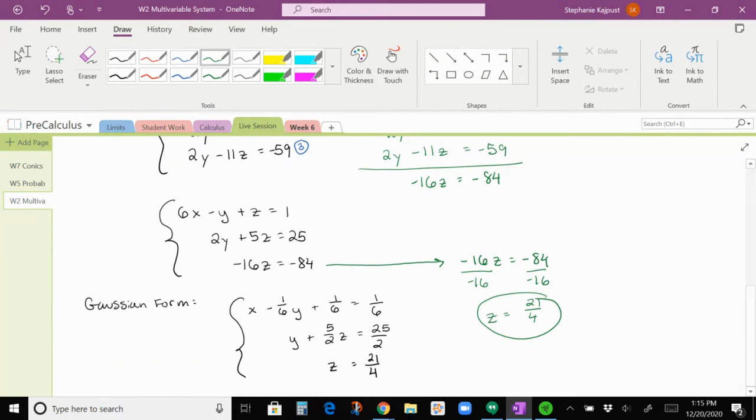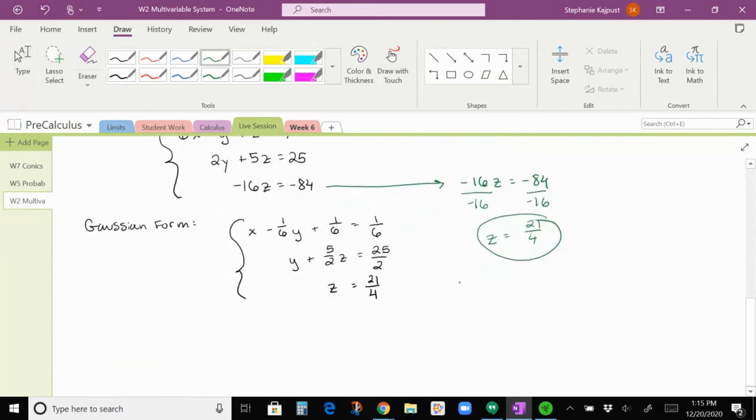So we're going to plug z into our second equation, the 2y + 5z = 25. So we have 2y + 5, and then z, we have 21 over 4, equals 25.